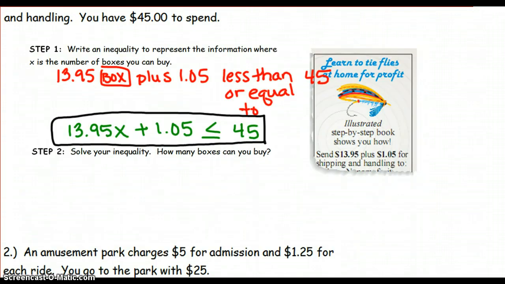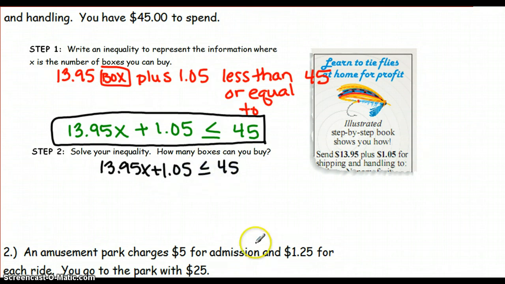Step 2, solve your inequality. How many boxes can you buy? All right, we're going to take the inequality that we just created in step 1, 13.95x plus $1.05 has to be less than or equal to $45. Now the first thing here we want to do to solve our problem is subtract 1.05 from both sides.